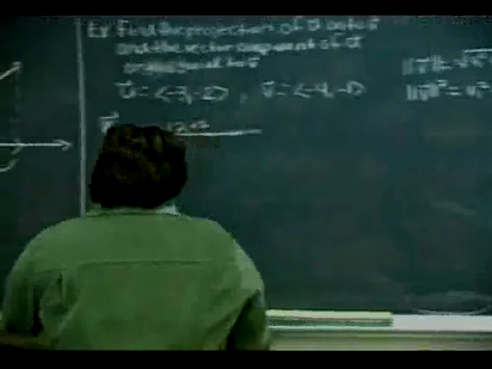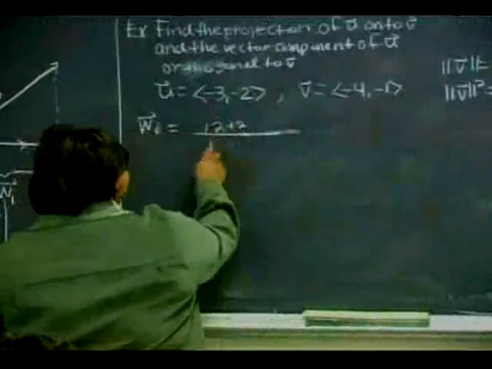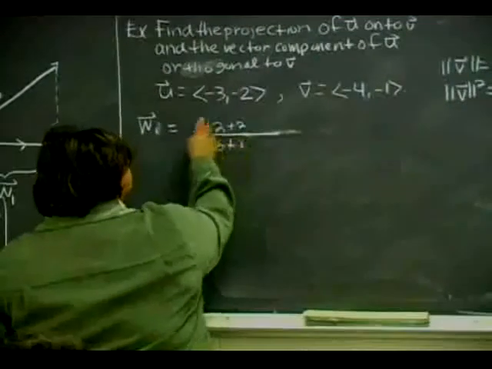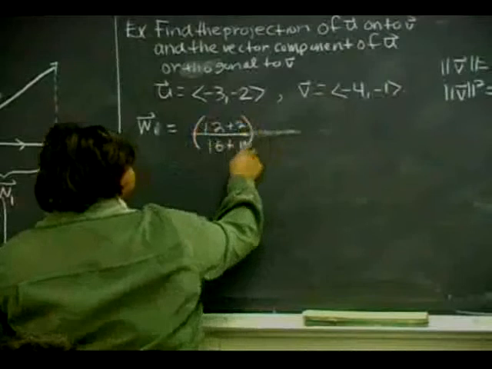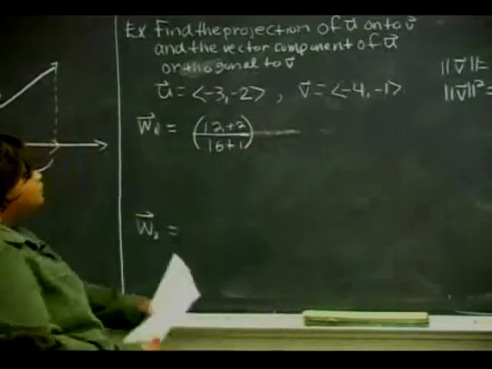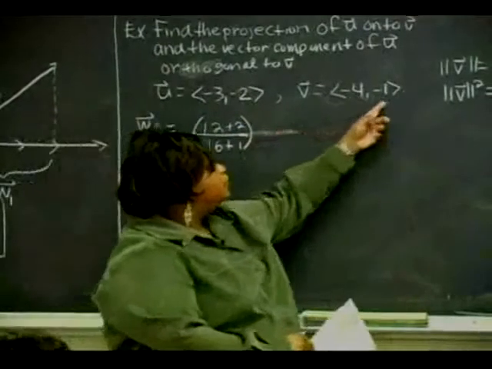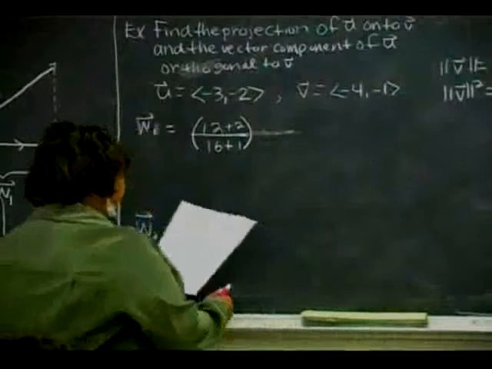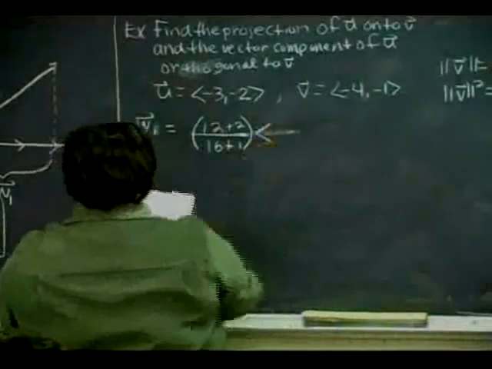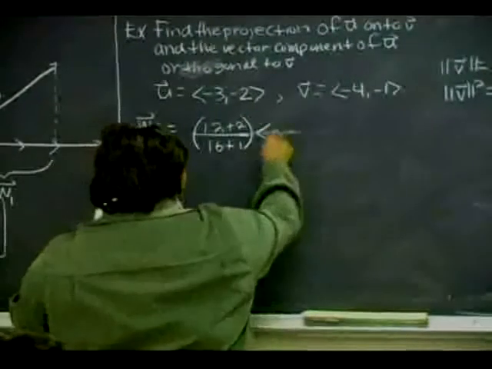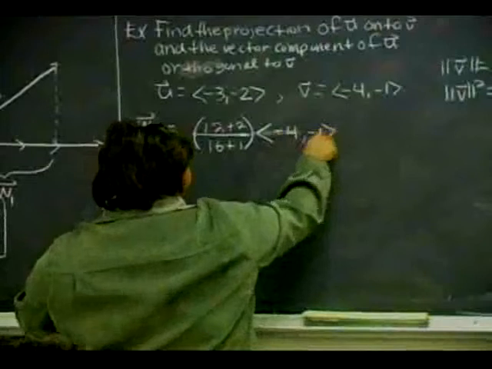So it's 16 plus 1: -4 squared is 16, 1 squared is 1. And all of this is times the vector V, which is -4, -1.